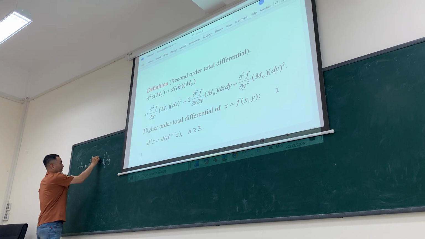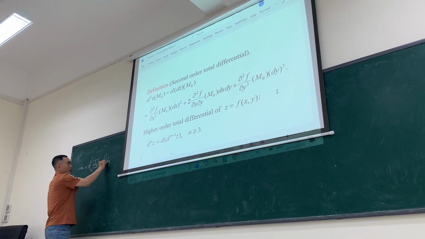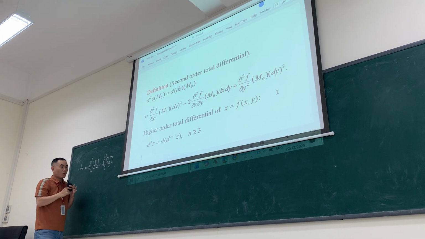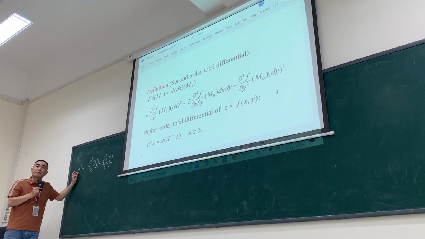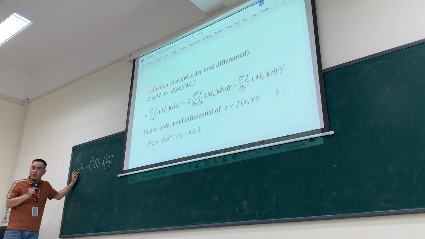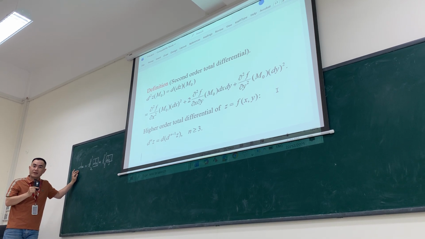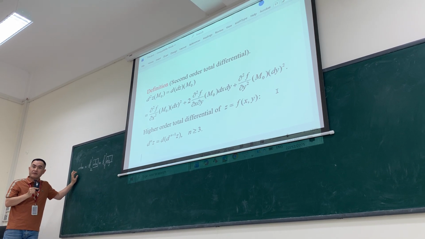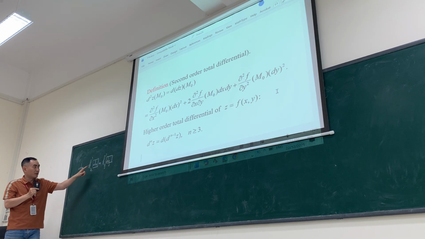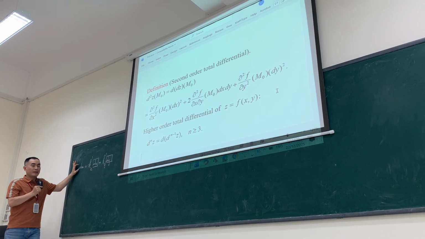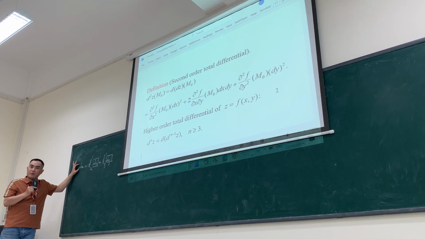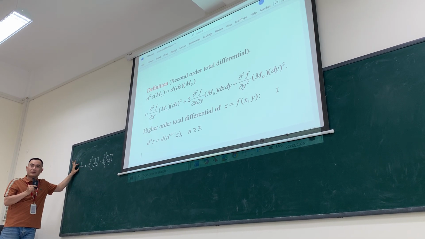If we consider dx, dy constant, dz becomes a function of two variables. When dz is a function of two variables, of course we can take the differential.